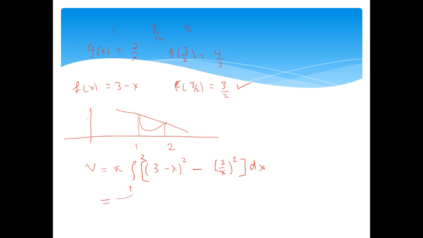So then we say pi times the integral from 1 to 2. We're going to FOIL this, so when we FOIL it, we get 9 minus 6x plus x squared minus 4 over x squared dx.